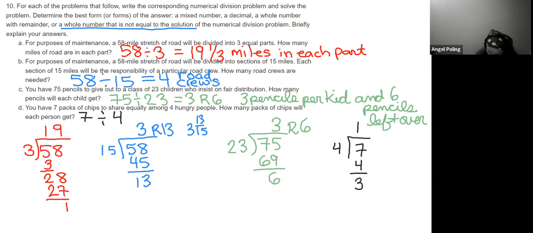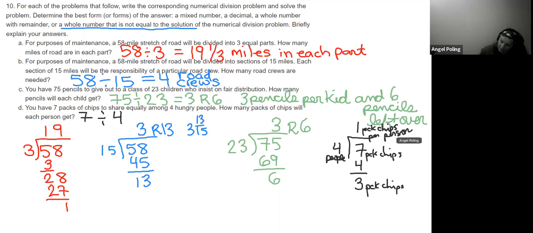let's see, let me write these out. This is our packs of chips. Okay, and then this is our people. We have 1 pack of chips we can give to each person, with 3 packs of chips left over. So 1 pack of chips per person, that's 4.